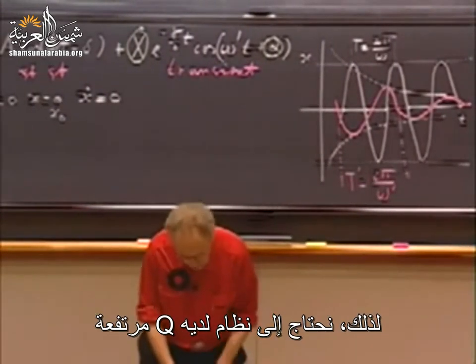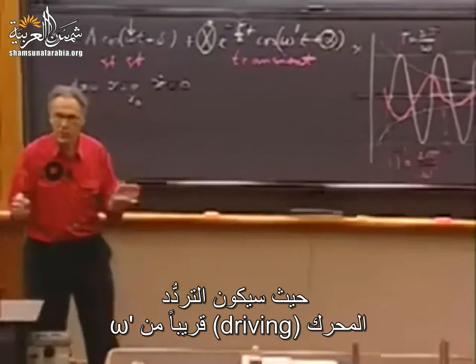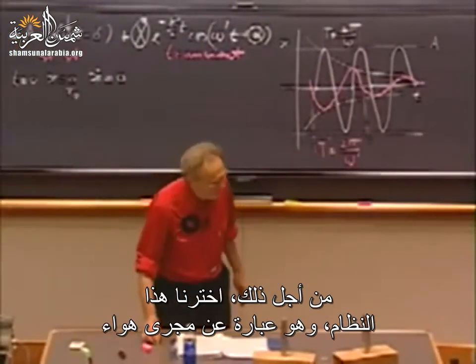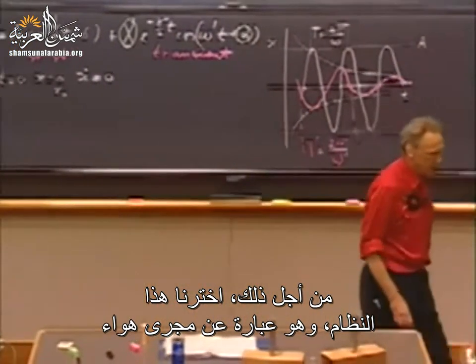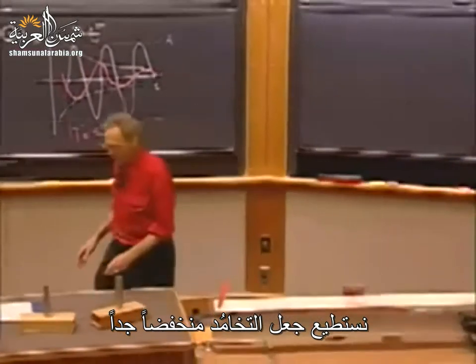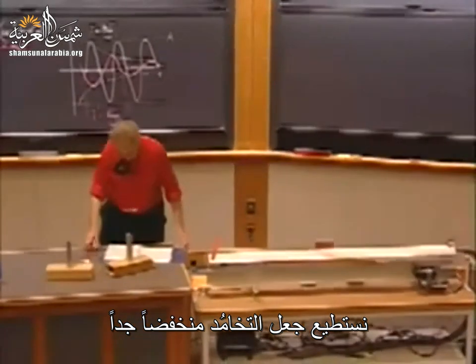For that, we need a system, preferably with a high Q, and then the driving frequency has to be close to the omega prime. And for that, I have chosen this system here. This is an air track, and we can make the damping very low, unpleasantly low, believe me.